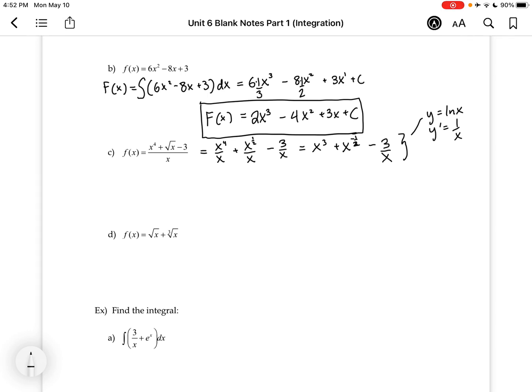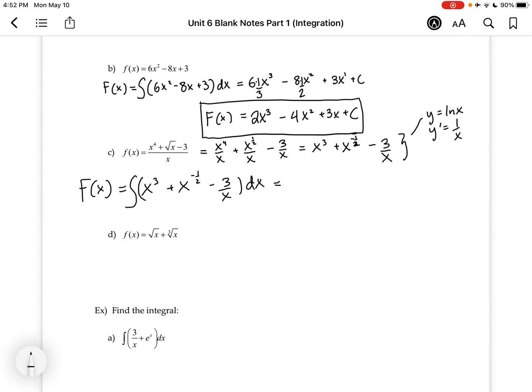Okay, so to get our f of x, we want to take the integral of these three terms, x cubed plus x to the negative 1/2, and then minus 3 over x dx. Okay, so one term at a time.